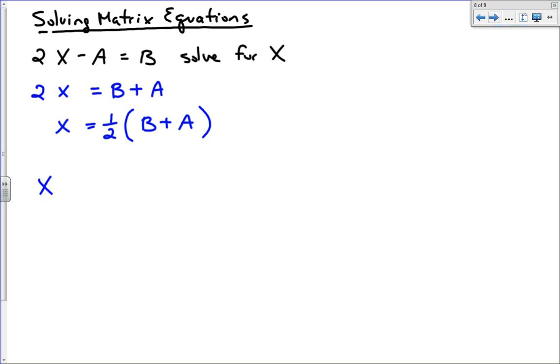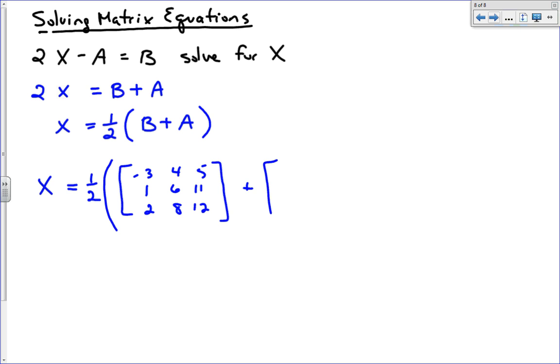So X is equal to 1/2 of, and I'll get B and A written down here, negative 3, 4, 5, 1, 6, 11, 2, 8, 12, plus 1, 7, negative 2, 5, 6, 11, 2, 1, 6.